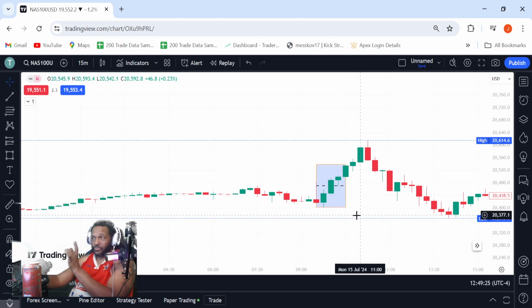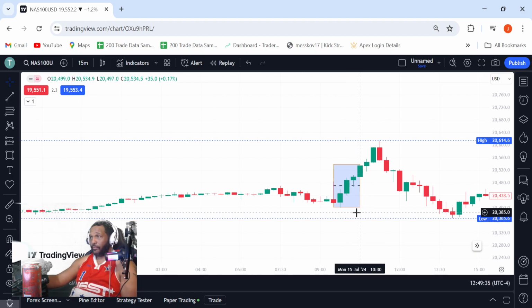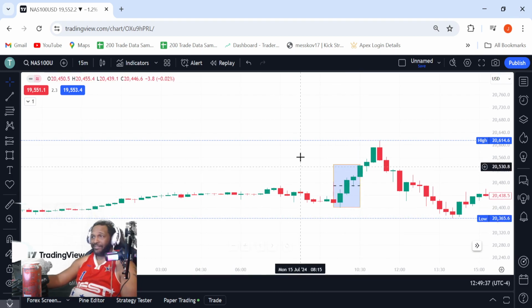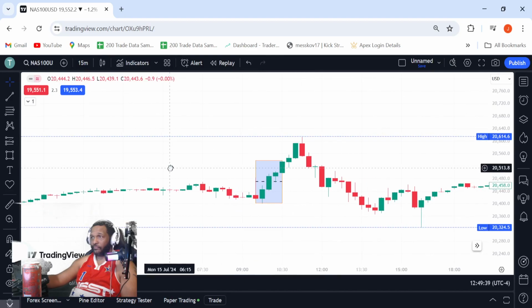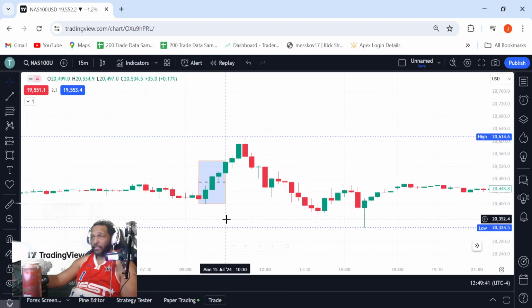Okay. So here's an example of how the initial balance can sometimes be invalidated and why you have to wait, right? If you had nothing else to go off of, you get to 10:30, you see this break above.